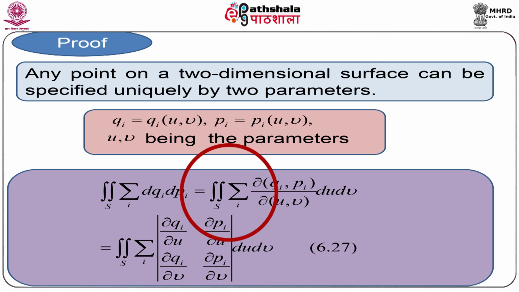Here we are considering the surface integral. The Jacobian can be written in explicit form and we get equation 6.27.